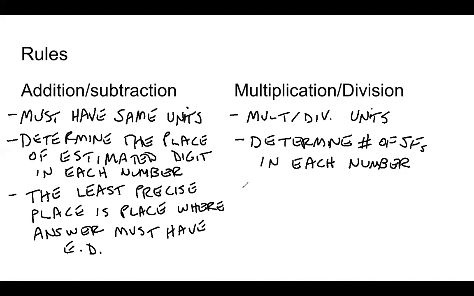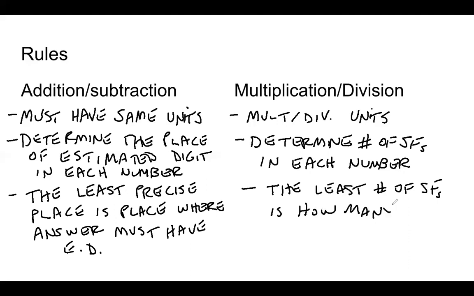For multiplication and division, we look at the sig figs in each of the measurements that we're multiplying or dividing. So for this, the least number of sig figs is how many sig figs the answer must have.